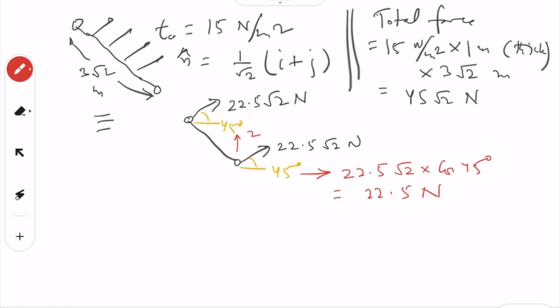Similarly, here it will also be 22.5 in the vertical direction. Similarly, here also it will be 22.5 Newton, and here also 22.5 Newton.